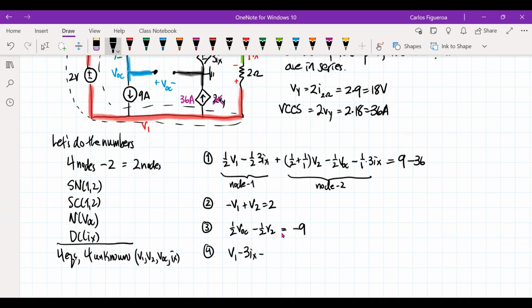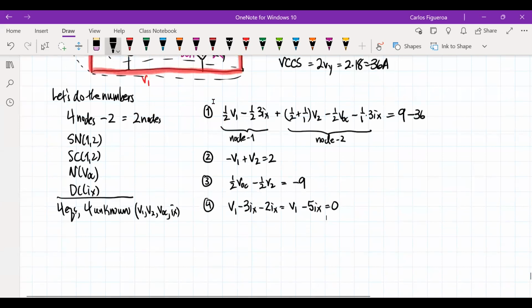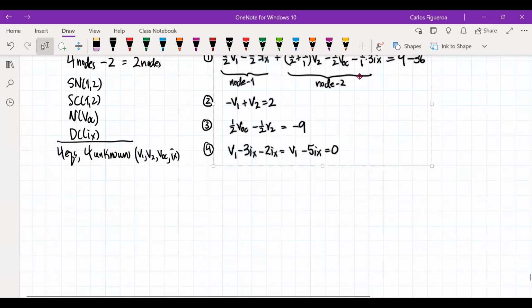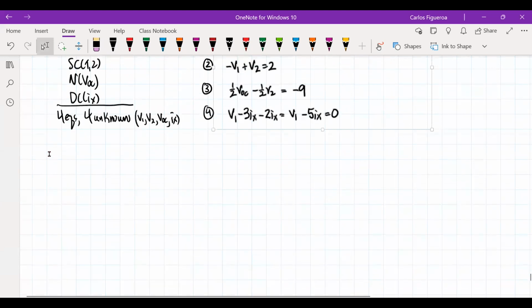Then I'm going to bring 2IX from the other side. That's equal to 0, but note that I can add these guys. So this will be V1 minus 5IX equals 0. Okay, so now I have my equations. And what I'm going to do here is copy these guys and bring them down with me. So it's easier for me to do the matrix on this guy.